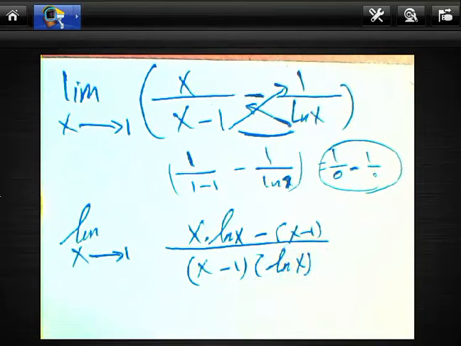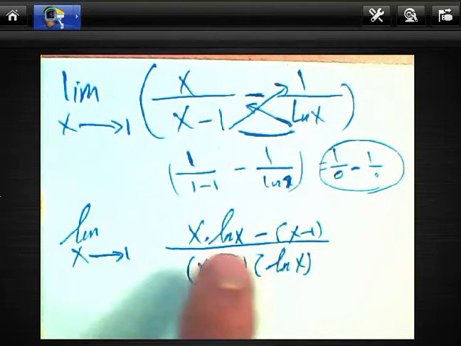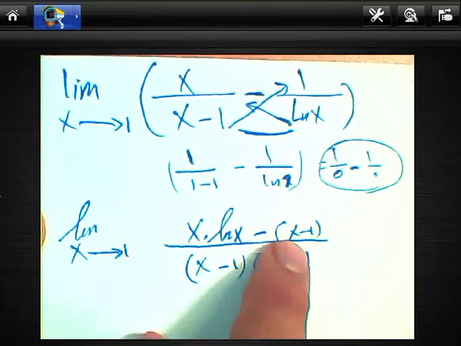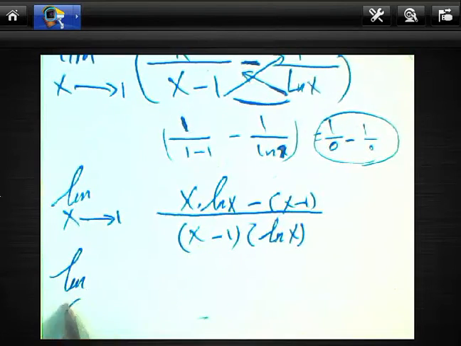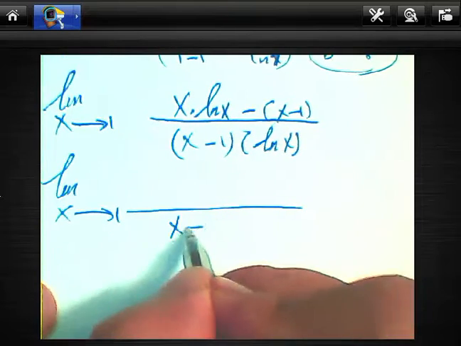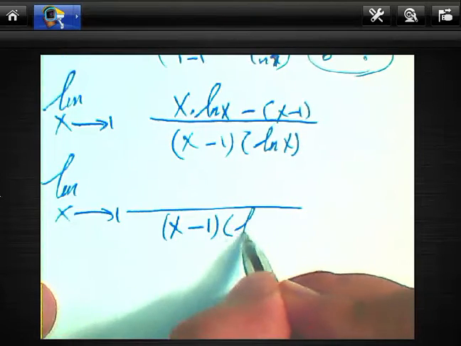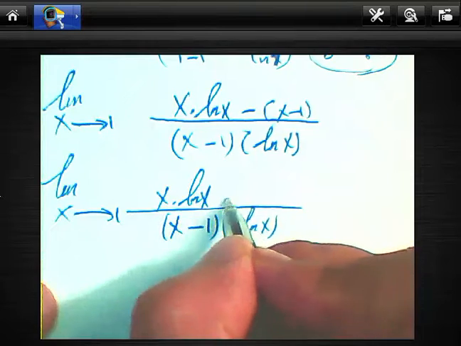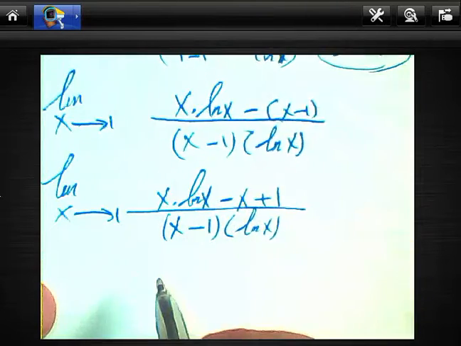And we can find the derivative of the numerator and denominator, because if you put 1 in the numerator, the result will be 0, and here 1 minus negative 1. We can complete it here and simplify it, okay? The result will be x minus 1 multiplied by ln of x, and here x multiplied by ln of x minus x plus 1.